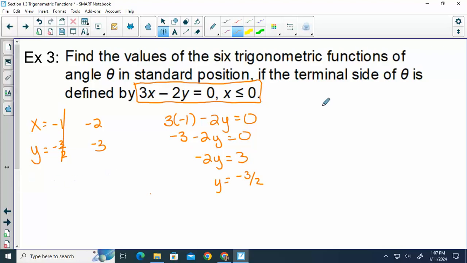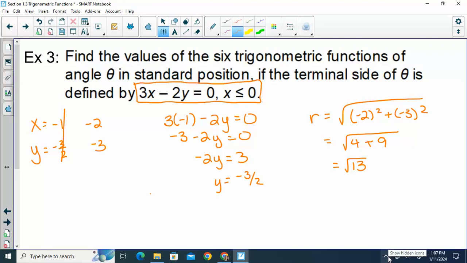Now we need r. So r is the square root of x squared plus y squared. So we get the square root of 13. Okay, with radicals, I do not want a decimal, but I want you to reduce your radicals if you can.